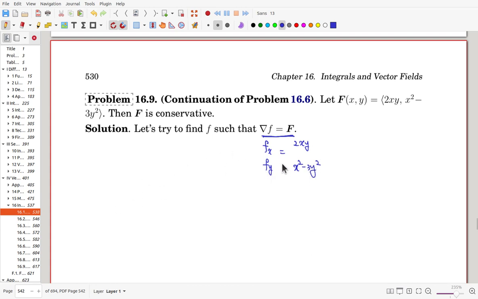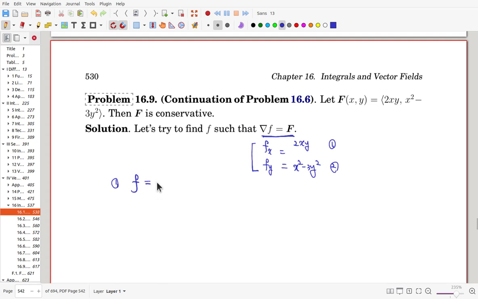So those are the equations we should start with. Now f sub x is 2xy. We number these equations 1 and 2. Then from 1, if we integrate with respect to x, then we can get f.